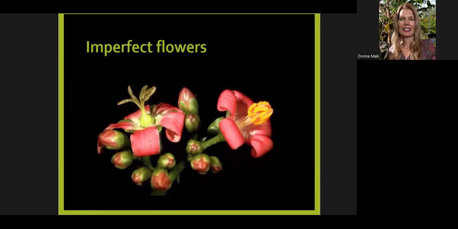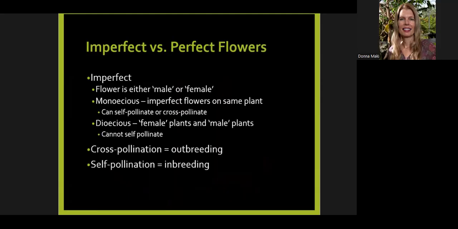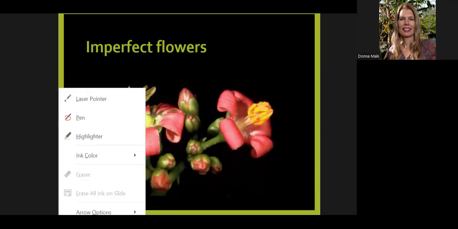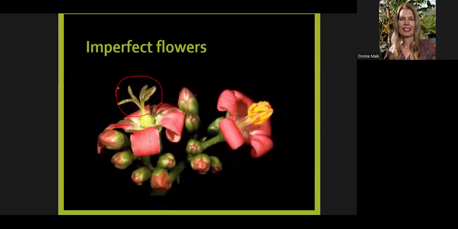Okay, so imperfect flowers, that means they're either male or female. So the females on the left, those have big stigmas. And then here you can see the anthers up on the filaments, the stamen.